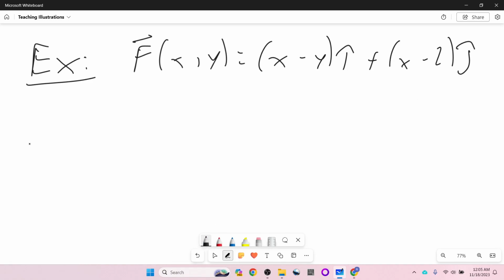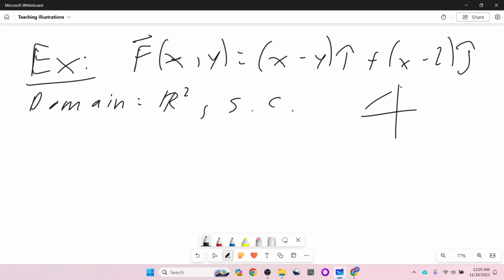All right. So what is the domain of this function? Well, the domain is all of R squared. There's no combination of x and y where this thing would be undefined. So that means it is simply connected because R squared itself goes out to infinity in all directions, so it doesn't have any holes in it. So let's do the test.